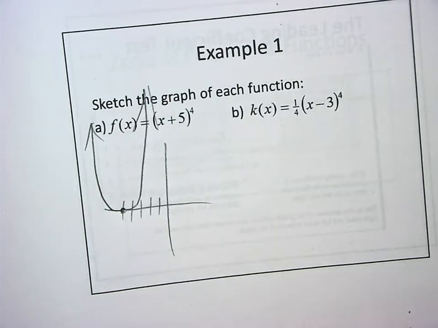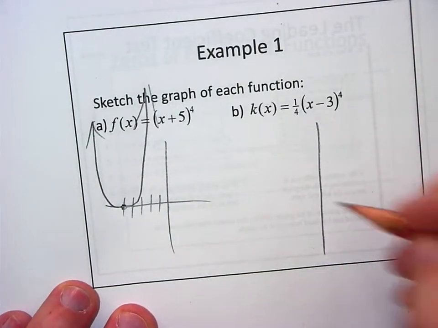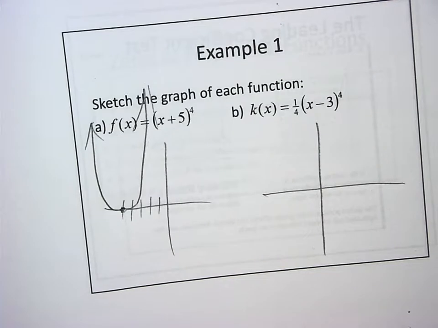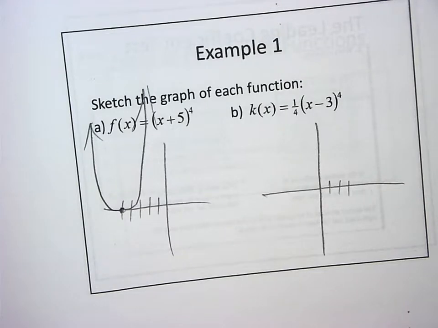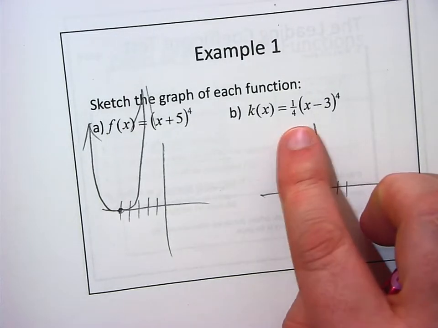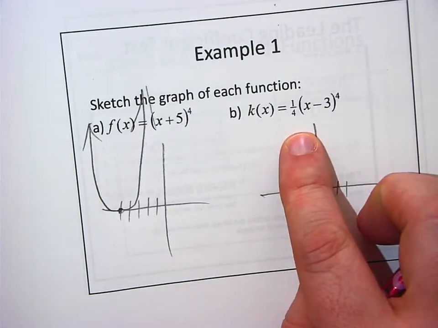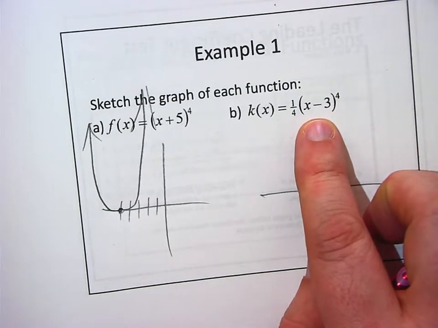What about this one? 3 units to the right. Then? Well, it's not quite 4 times because the problem is horizontally. Remember, that would go inside to affect it horizontally.